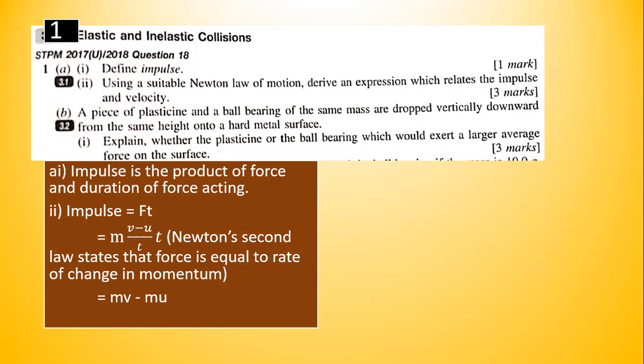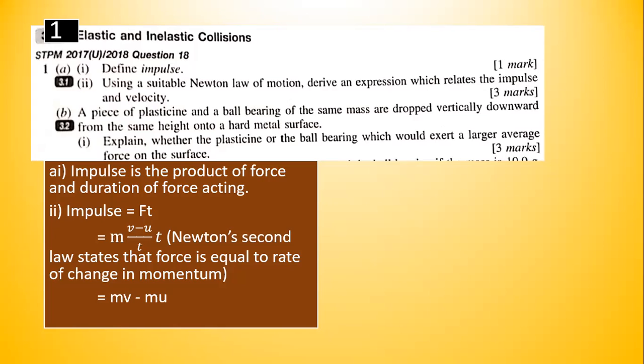The plasticine, right? No, plasticine is lighter. Ball bearing is heavier. Density of ball bearing is larger than density of plasticine. The volume of plasticine is greater than volume of ball bearing.